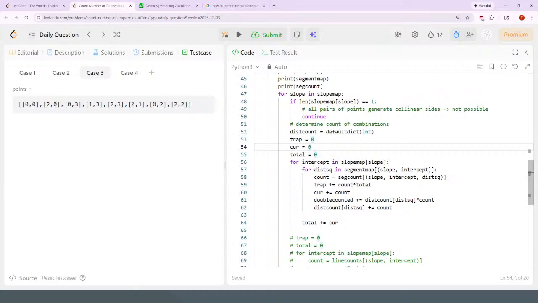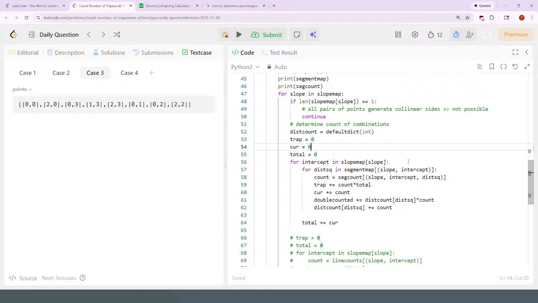And then for every intercept, and then for every distance at that intercept, count. The trapezoids formed would be the count times the prior total. If it's the first thing, the prior total is just 0.